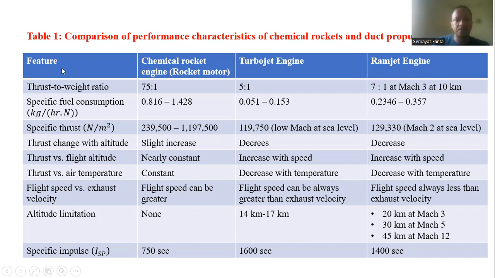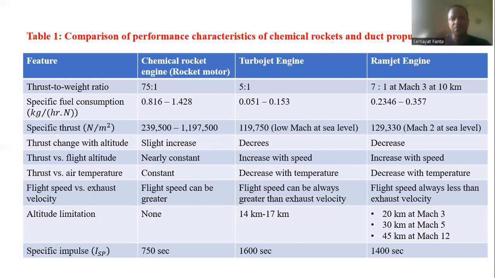Specific thrust. When we say specific, it is something like, for example, specific density means density per some volume. Specific thrust means thrust per area. Specific fuel consumption means kilogram of fuel consumed per hour per Newton.